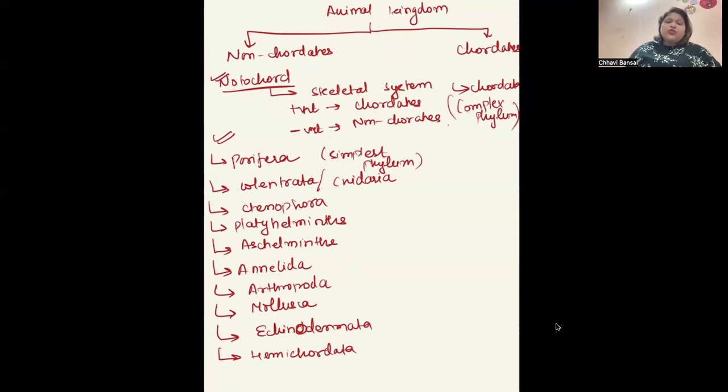Seventh is Arthropoda. Eighth is Mollusca. Ninth is Echinodermata. 10th is Hemichordata. And 11th is Chordata. Okay, so these are the phylums that come under animal kingdom.